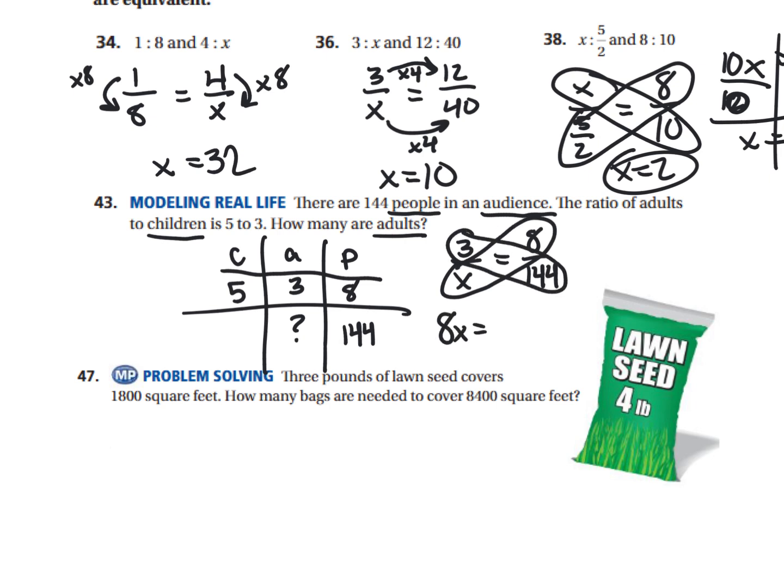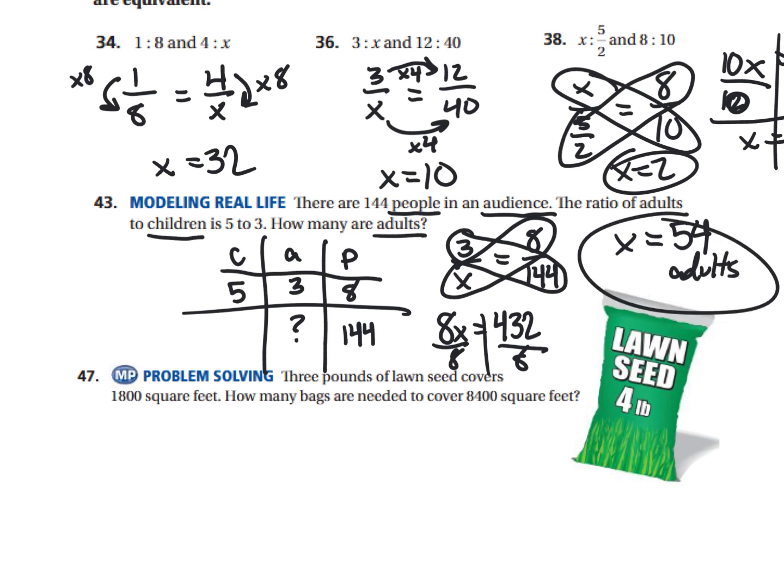This is going to leave me with 8x, and if I use my calculator here, 3 times 144 is 432. To solve this, I just need to divide by 8 on both sides. 432 divided by 8, I get a total of 54 adults.